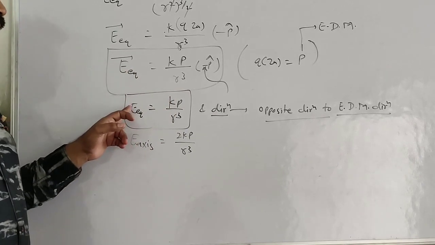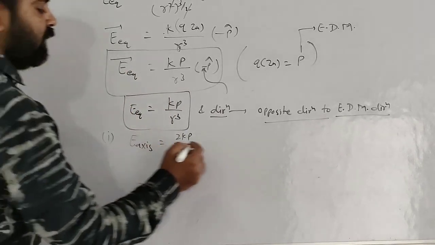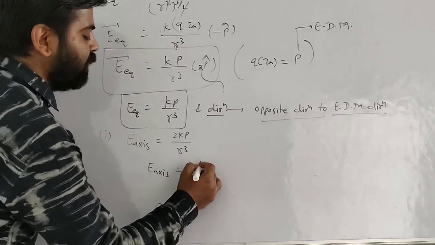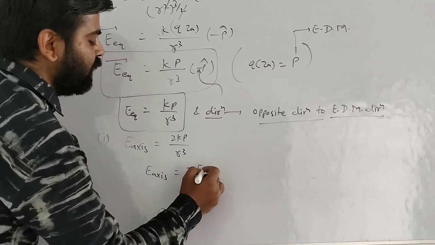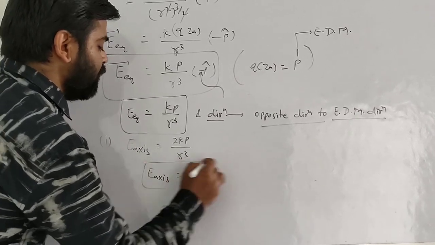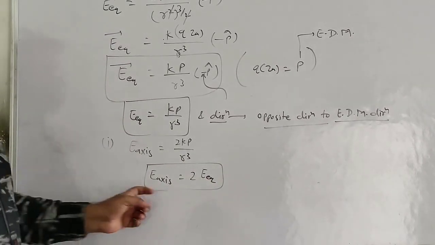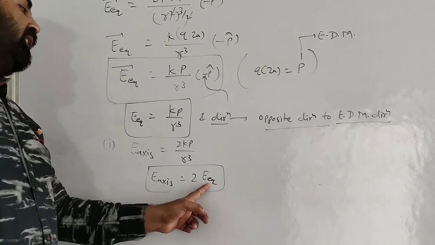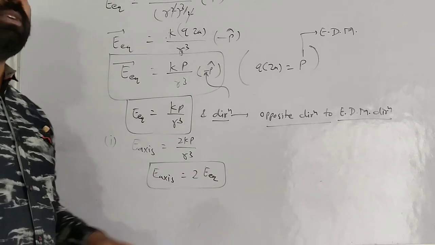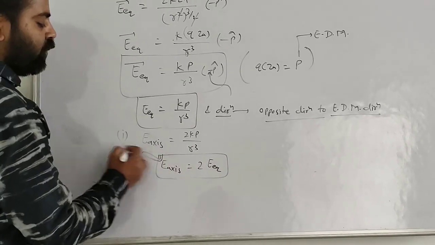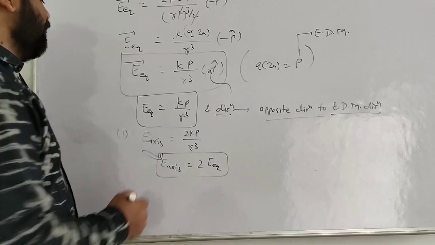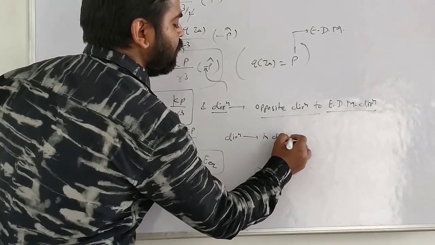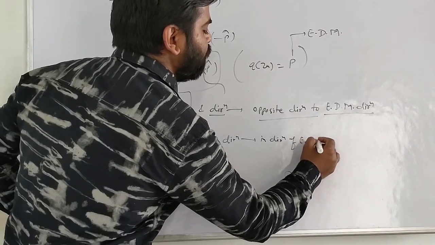So from these equations the conclusion is E axis is equal to 2 times E equatorial, means the value of the electric field at any point on the axis is 2 times the electric field intensity at any point on the equatorial. So E axis is equal to 2 times E equatorial, and its direction is in the direction of the electric dipole moment.